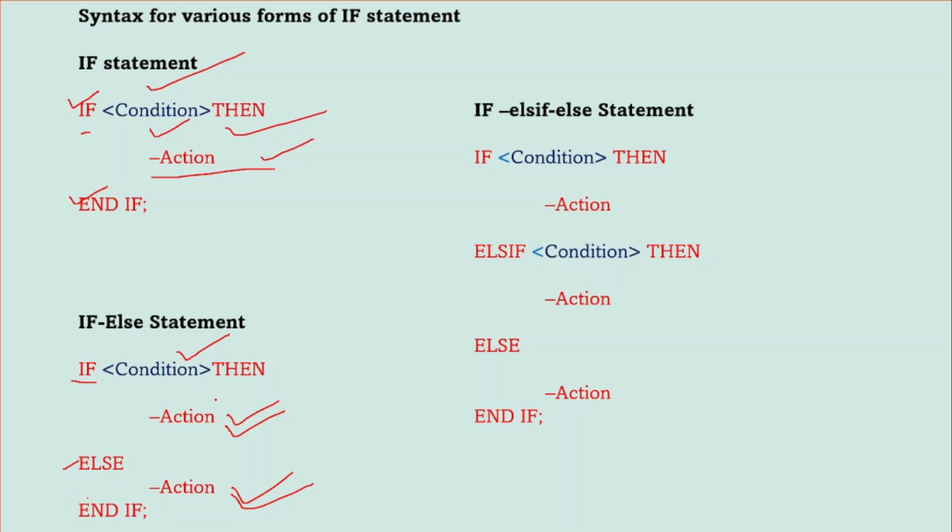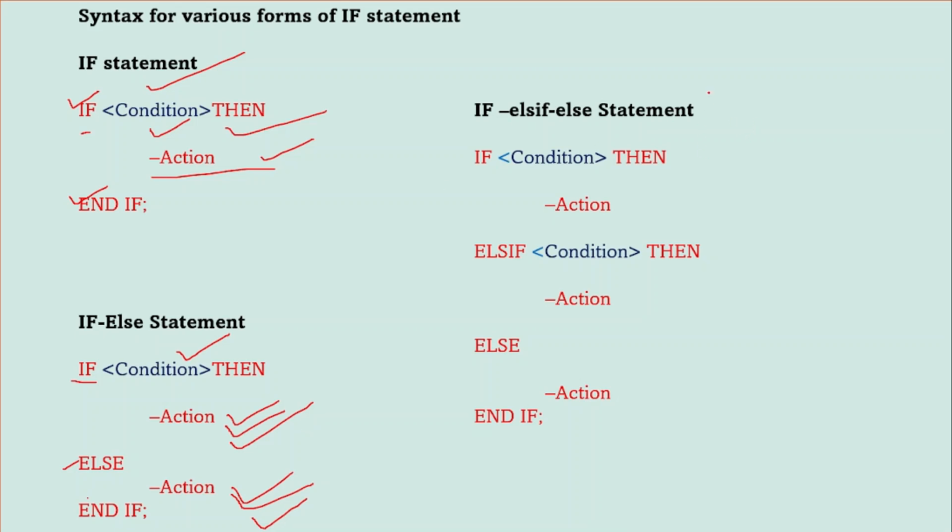So take a situation where we want to test whether a given number is even or odd. If the number is even, then we'll take this action. If that number is odd, we'll take this action. Clear? So such kind of problem can be solved with the help of if else statement.